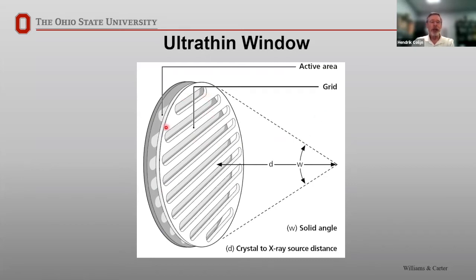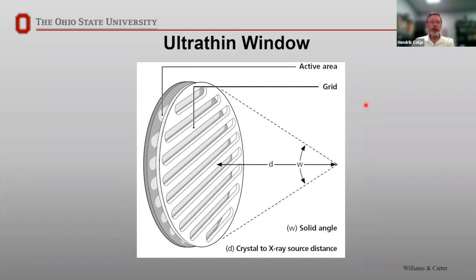So you would sometimes pick up a little bit of silicon in your signal from this frame that held the window. Newer windows now are using silicon nitride. Some detectors have the silicon nitride applied directly to the surface of the detector, and others still use some sort of a silicon frame type device.